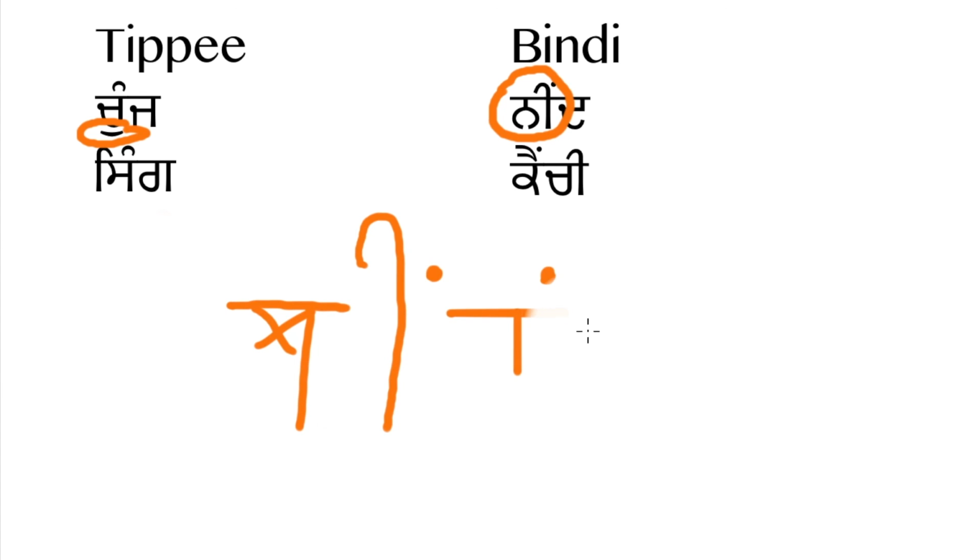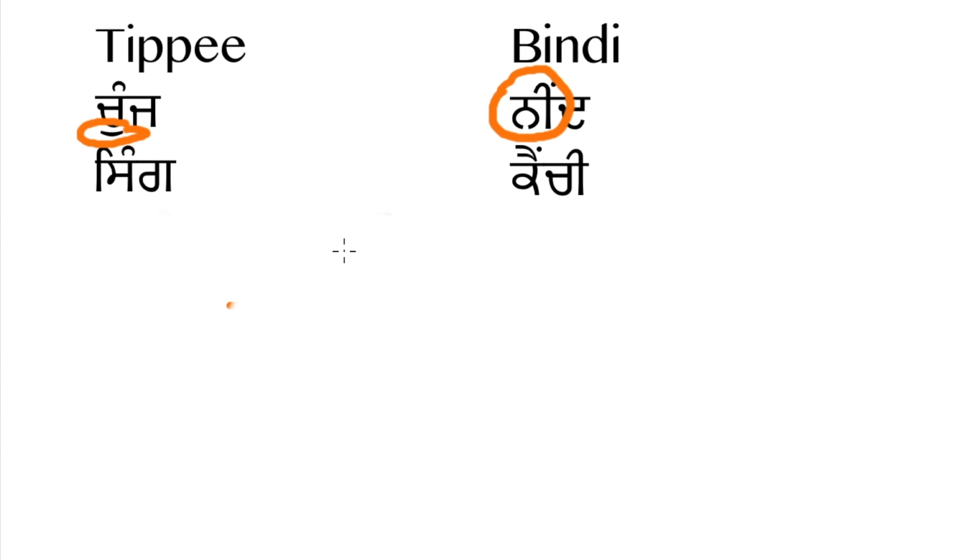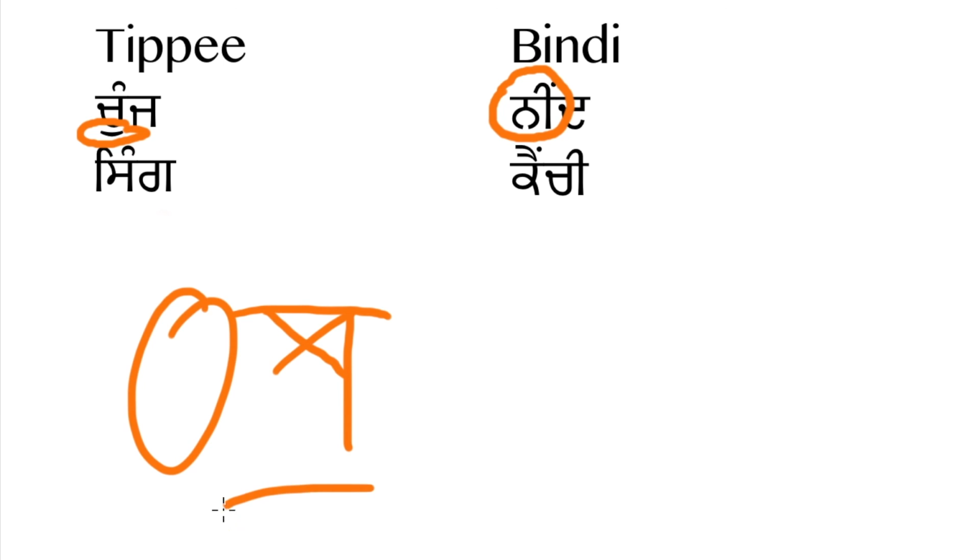So it is crucial to remember this. After you read some sentences, write some words, you'll get the idea and it'll become automatic to just know when to put your tippees and your bindis to nasalize a character. But just to quickly go over again and make sure we got this 100% understood, if we have a hypothetical character, if it's on its own, anything to the left or anything underneath, we use a tippee.